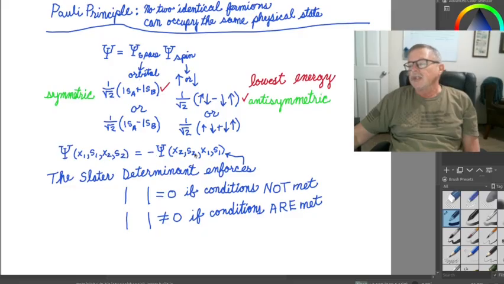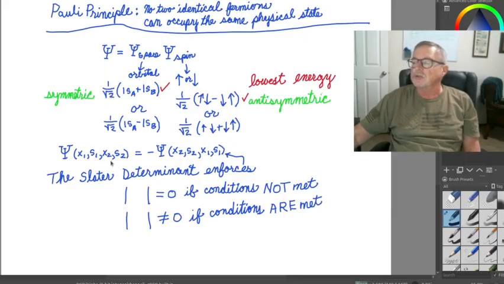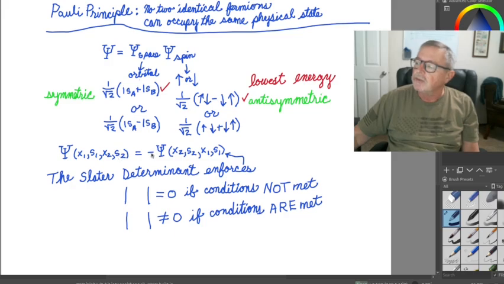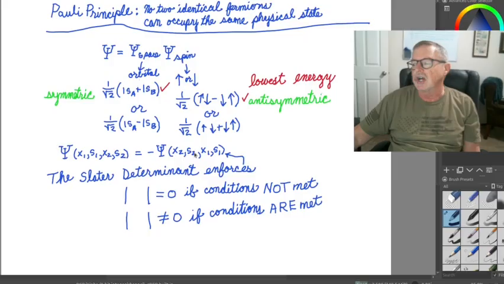Now, in this case, the orbital is not different, but the spin is different as far as the sign or as the state goes. The S1 and the S2 are both this orbital. So those are symmetric. There's no change one to the other. But for the spin, that is different. It does switch sign. Because of this, notice this minus sign. If you flip these two over and swap it, it's going to change the sign of the value.